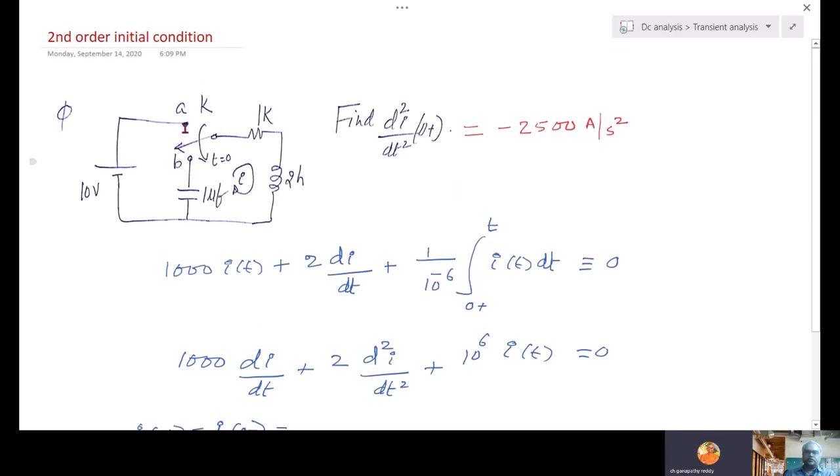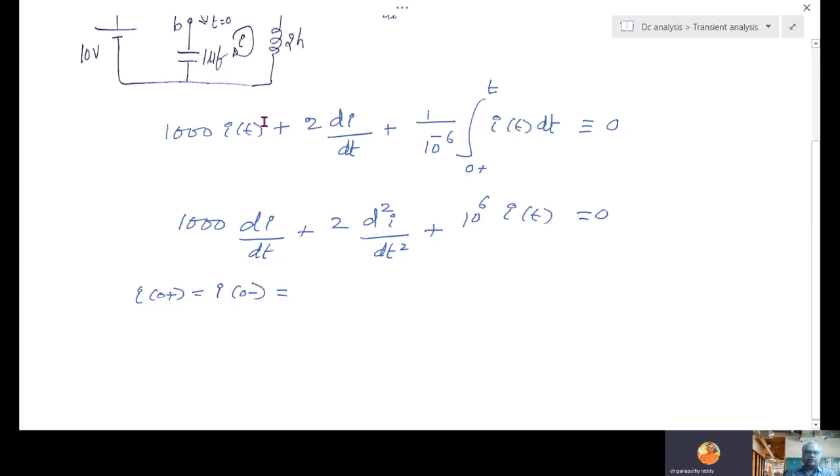But what is I0 minus? 0 minus is when connected to A, 0 plus is when connected to B. 0 minus is a steady state. In steady state the inductor is shorted. So 10 by 1K, 1K is 1000 ohms.